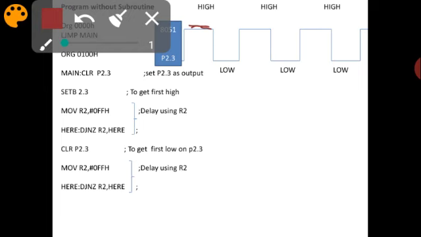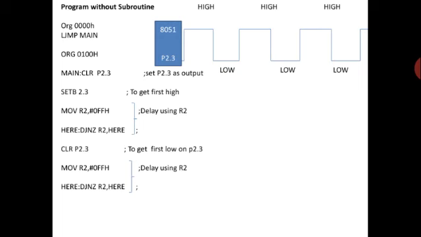A delay function or delay instructions can be designed by using counters. The simple way is to use R2 as a counter, and you make it count until it becomes 0. When you do this, you are spending processor time in counting operations and doing nothing else.